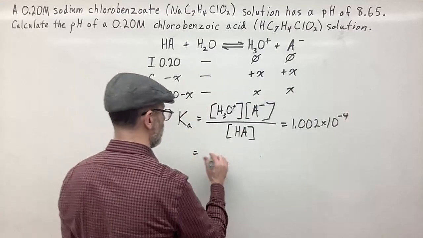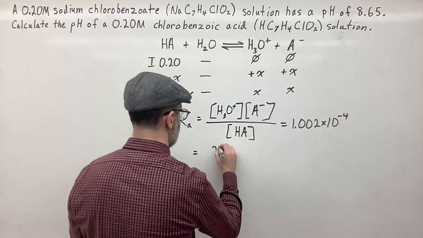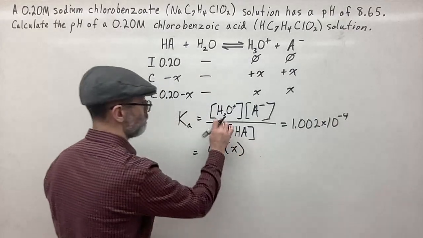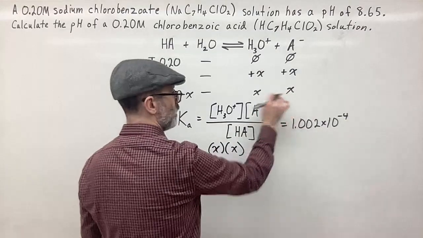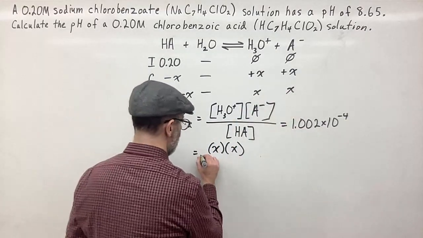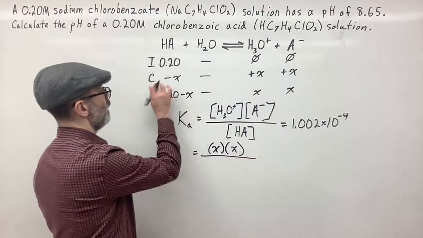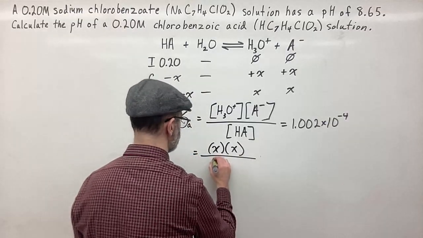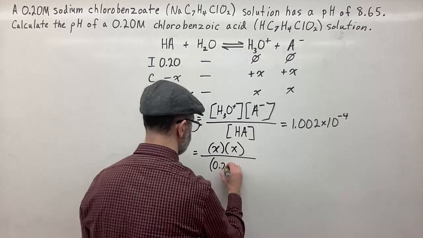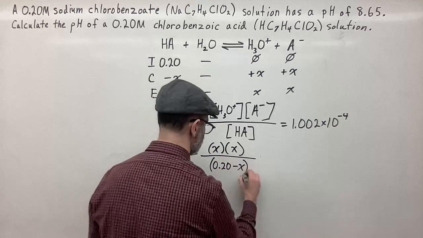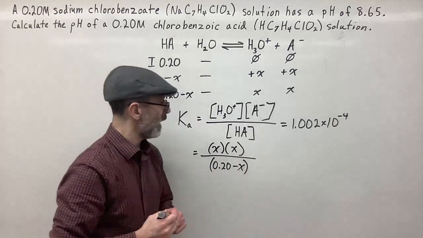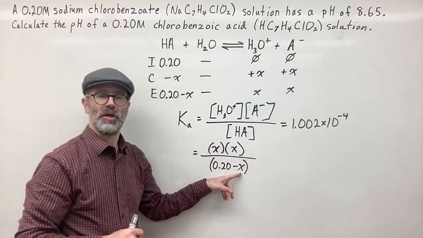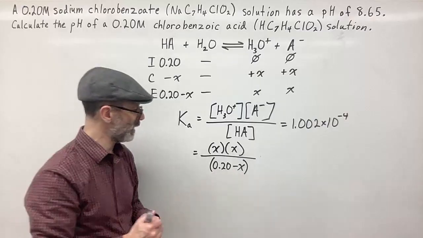So if we plug everything in, we'll see what we're talking about. We'll have X times X, because both of these are X for the equilibrium concentration. And then we'll put in the concentration here for HA, which is 0.20 minus X. Since this is so small, we're going to eliminate X from here.